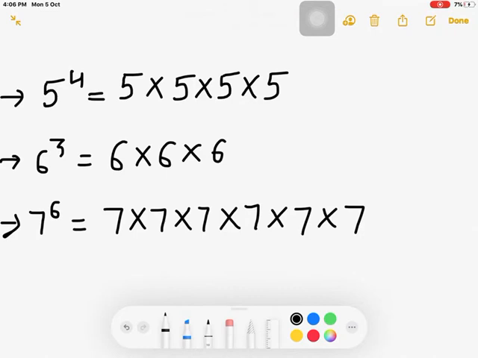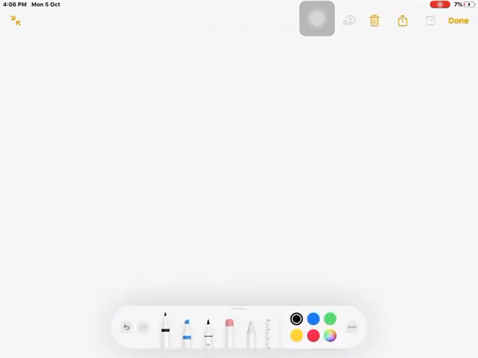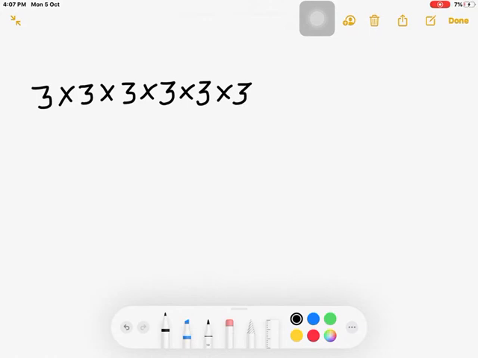If I write in another way, can you write the power in power form? Let's write in exponential form. Like if I write 3 into 3 into 3 into 3 into 3 into 3, what is the exponential form here?